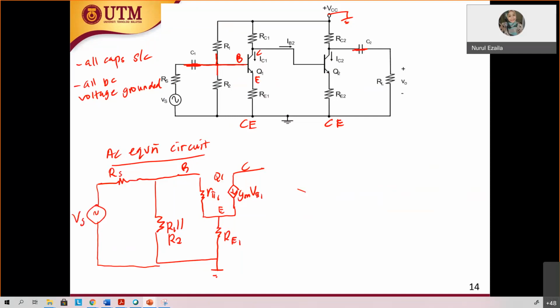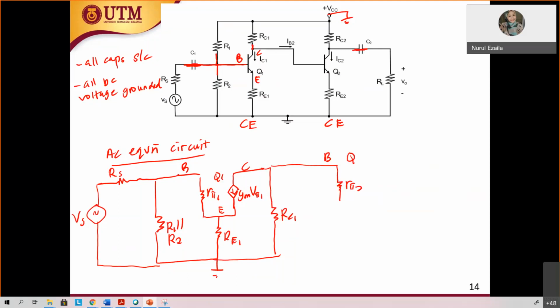At the collector you have RC1. There is no input resistor at stage 2. It will connect directly to R pi 2.